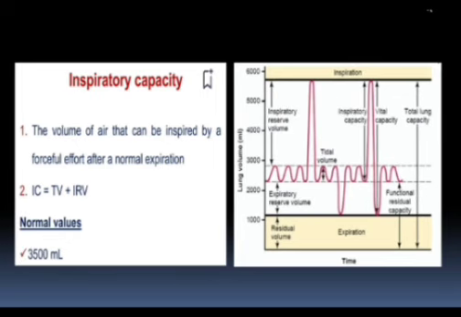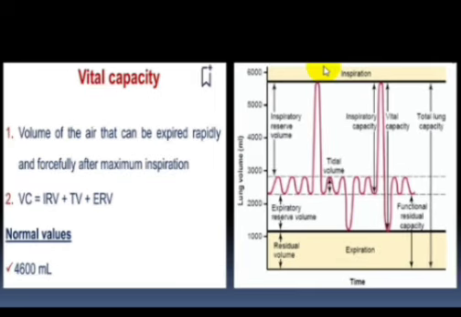Going forward. Vital capacity. Vital capacity is the sum of inspiratory reserve volume and tidal volume and expiratory reserve volume. So three lung volumes are being summed to get the vital capacity.